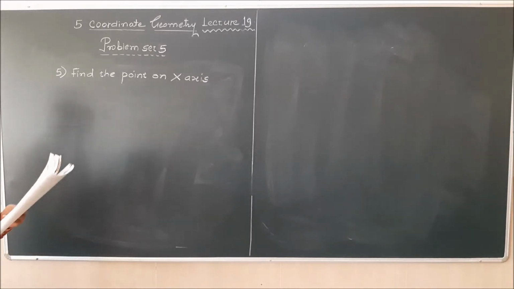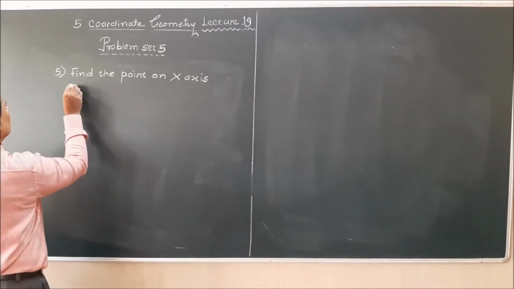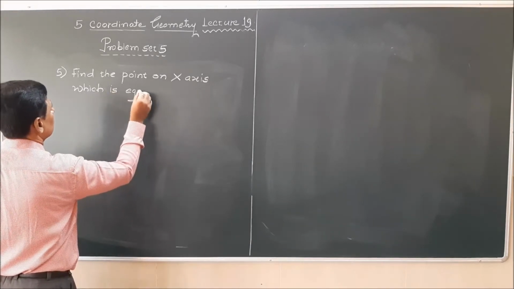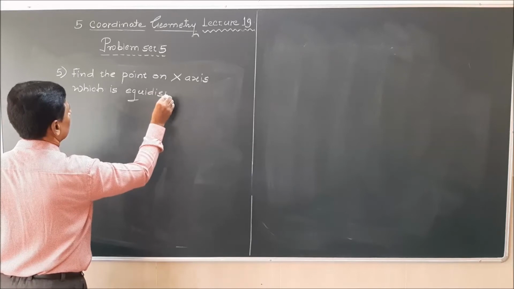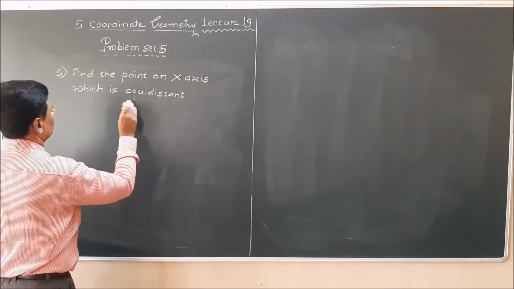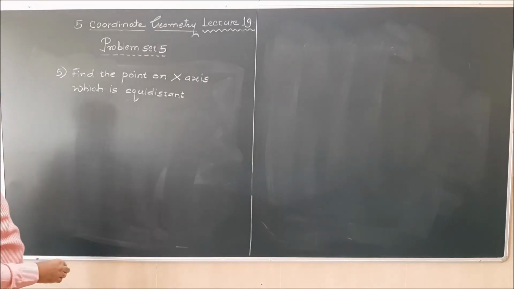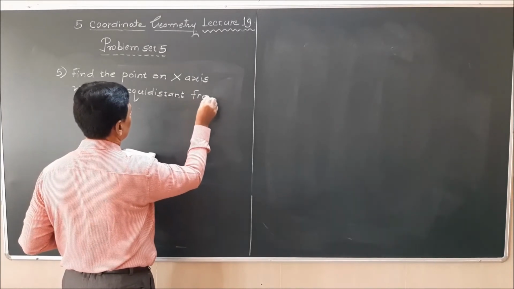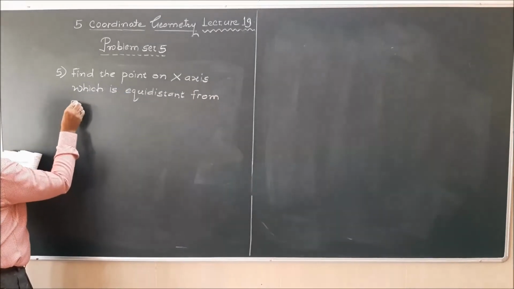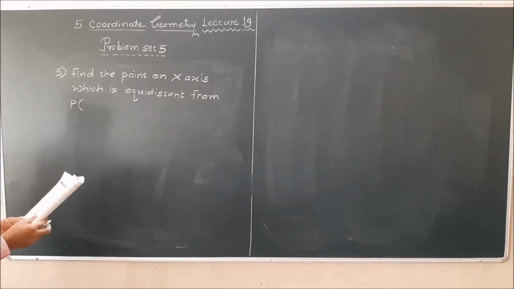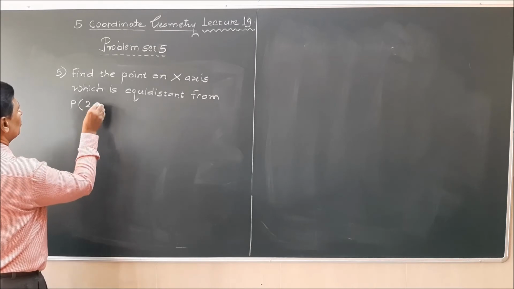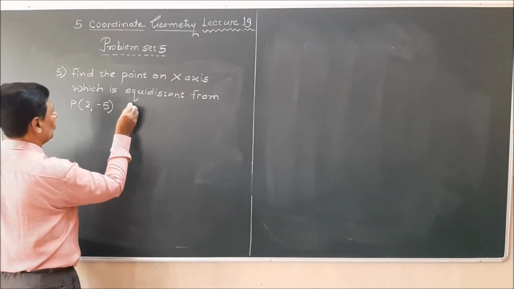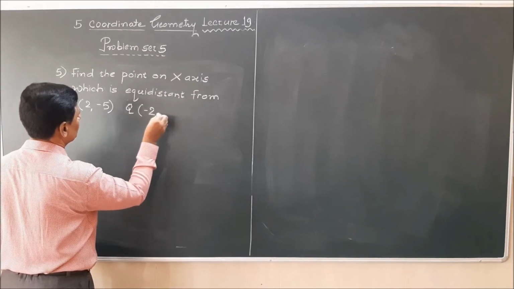Find the point on x-axis which is equidistant from P, coordinates of P are 2, minus 5, and Q minus 2, 9.